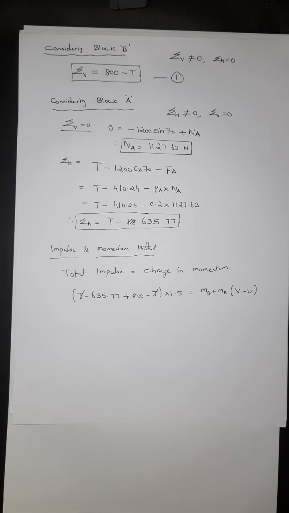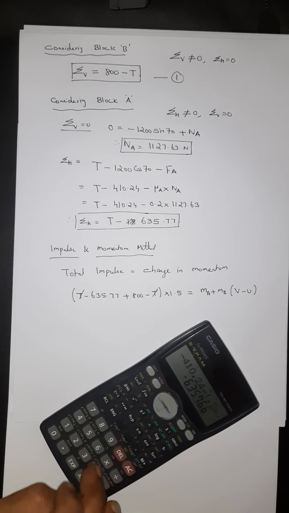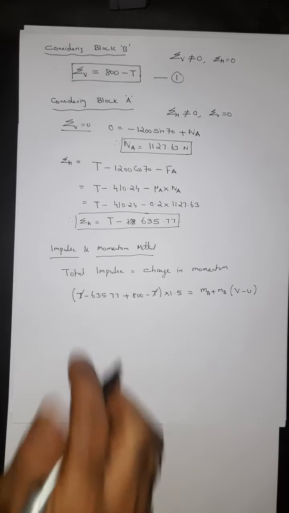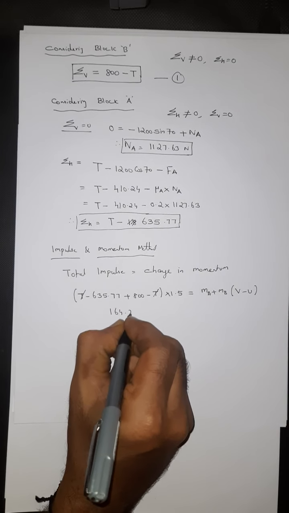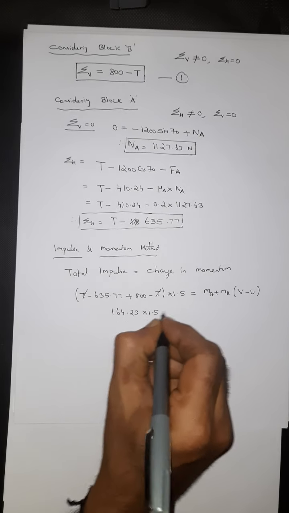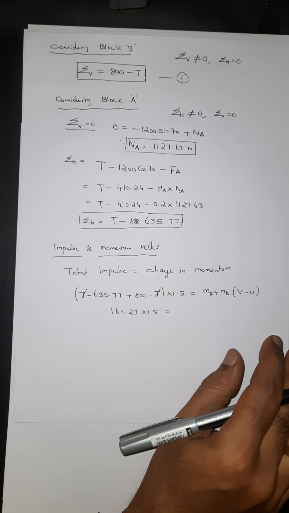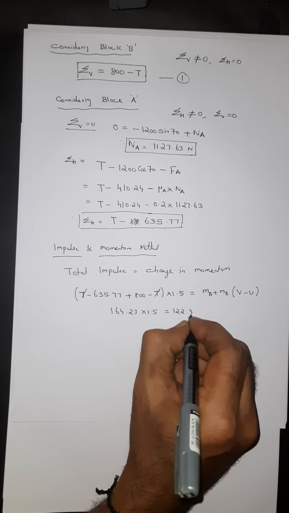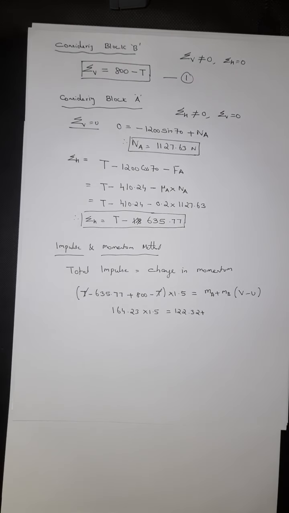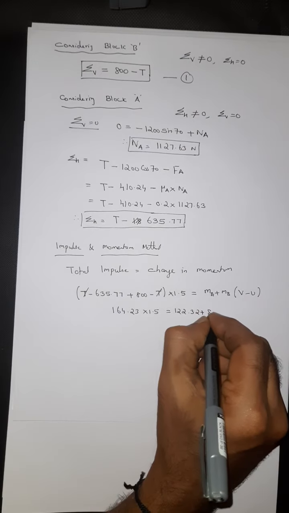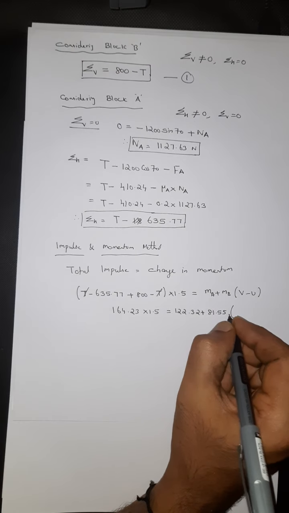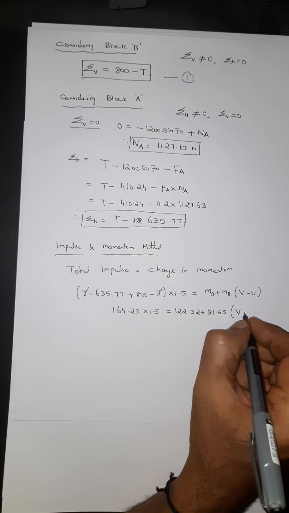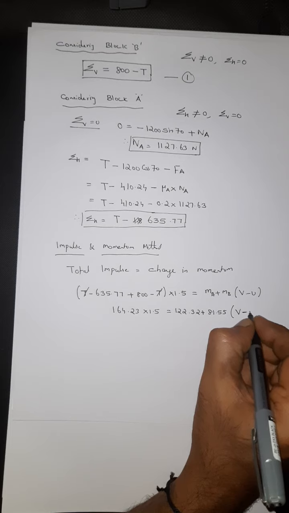T gets cancelled, plus 800, which is 164.23. So 164.23 into 1.5 equals MA plus MB into V. Mass of A is 122.32 and mass of block B is 81.55. V needs to be found out. So U is 0.